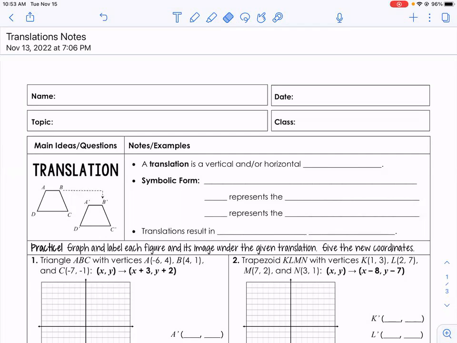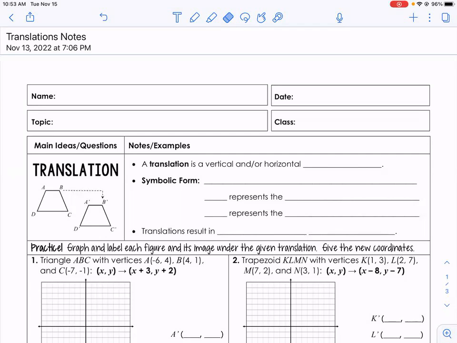So on Friday, we talked about congruent figures. And when we talked about congruent figures, they either are oriented the same way, or maybe one's turned or flipped or rotated. Okay.